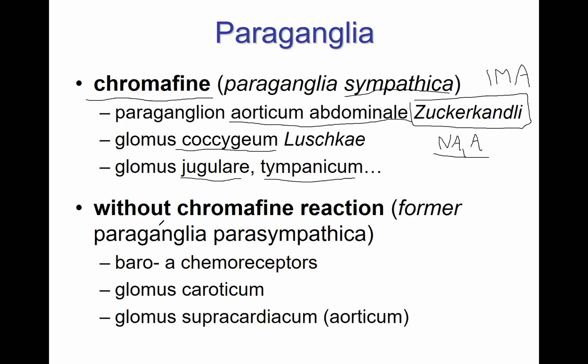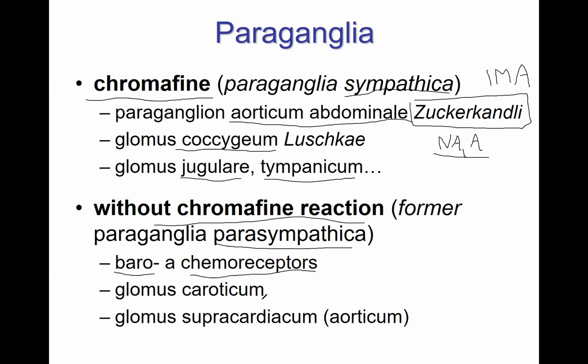And then the other group, they do not stain well, so they are called without chromaffin reaction, and they used to be called parasympathetic, and their function is to perceive the blood pressure and to perceive the partial pressure of oxygen, that means the level of oxygen in the blood. And we have two big ones.